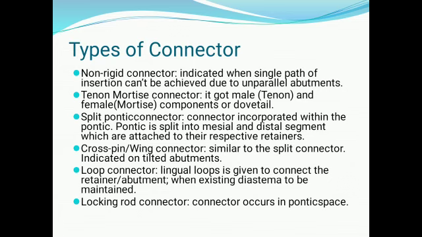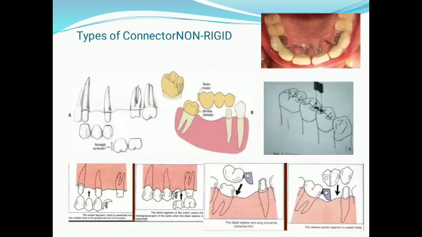Loop connector: a lingual loop is given to connect the retainer or abutment. It is used in extensive diastema cases. Locking rod connector occurs in the pontic space. Here in the diagram, you can see the tenon mortise, rigid and non-rigid connectors, and loop connectors clearly.